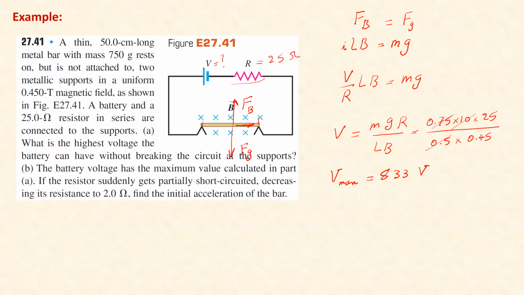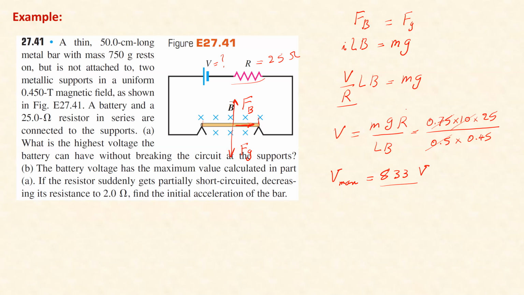What do you think? So if suddenly V is the same, but R becomes smaller. Sorry, it becomes 25 to 2 ohm, which is 12.5 times smaller.